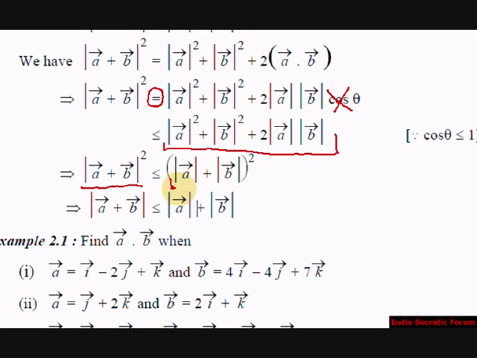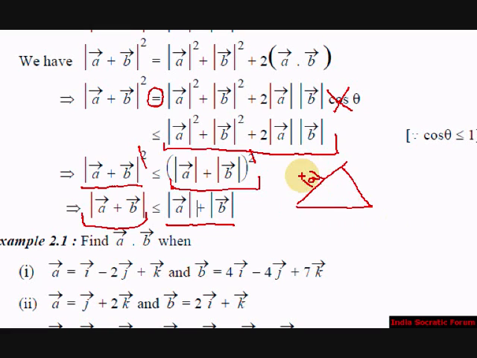This can be written as the modulus of a plus the modulus of b, the whole square, like the quadratic formula. If we take the square root on both sides, the modulus of a plus b is less than or equal to the modulus of a plus the modulus of b.